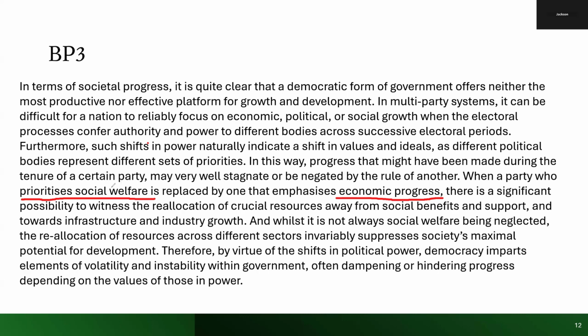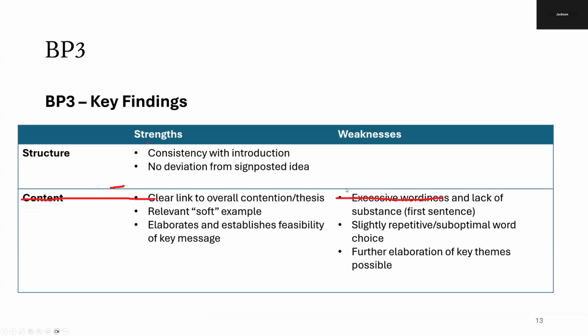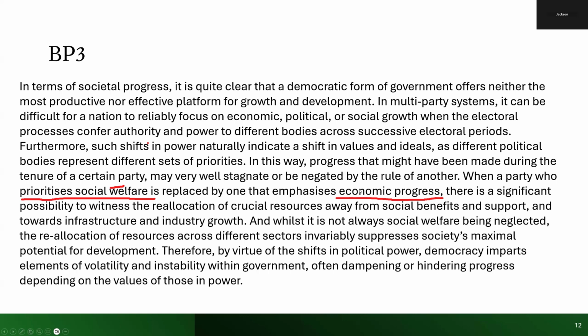Because we can go one step further and say social welfare could also be subsidized medicines and income support for the unemployed. Economic progress can be further categorized into things like small businesses, industry progress, etc.